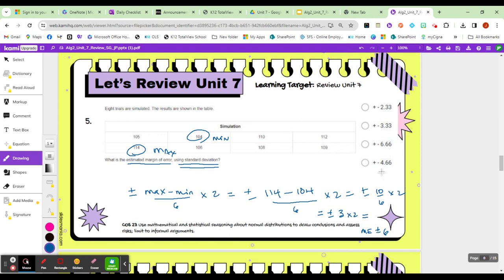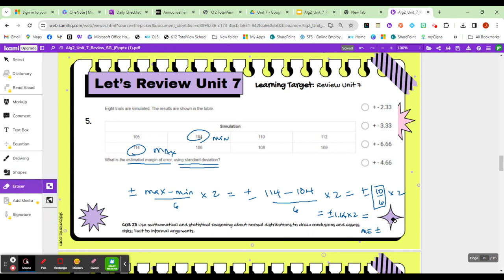Oh, I didn't divide correctly. 10 divided by 6 is not 3. Don't know where my brain went on that. 10 divided by 6 is 1.666. It's the reason I like multiple choice answers, because I can hopefully find my mistake. So that's going to give us 1.66666 times 2, 3.33. So plus or minus 3.33.